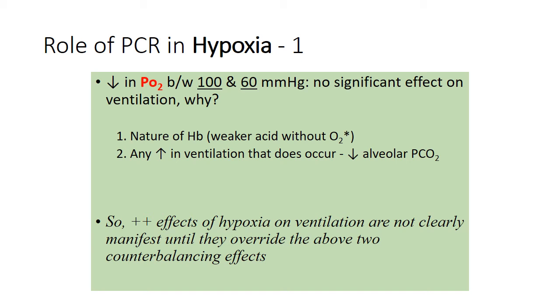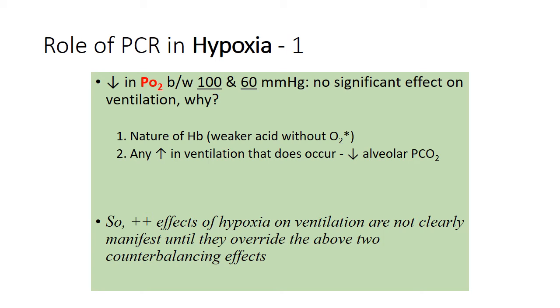So without oxygen means we are discussing hypoxia, so oxygen is less, and most of the hemoglobin will have no oxygen to be with, and that renders it a weak acid. You can simply say that the hydrogen ion content of this blood is less than normal. So it's less quote unquote acidic.